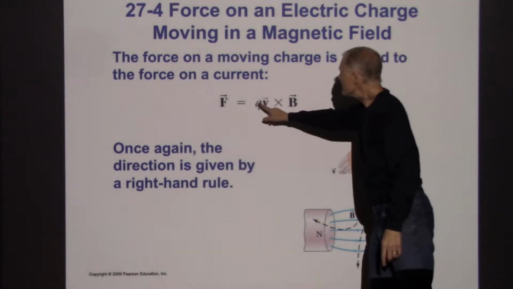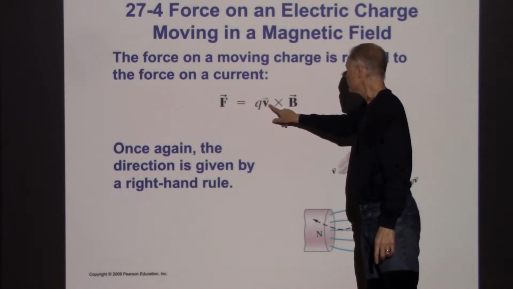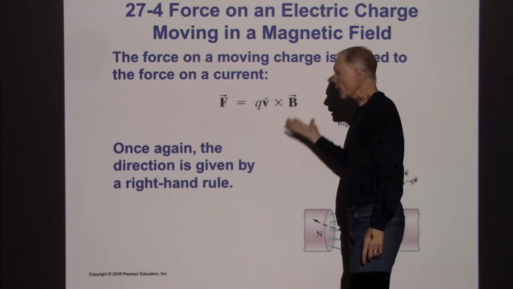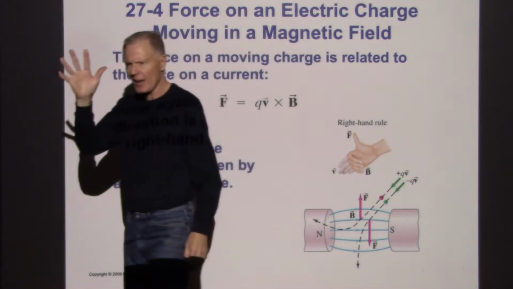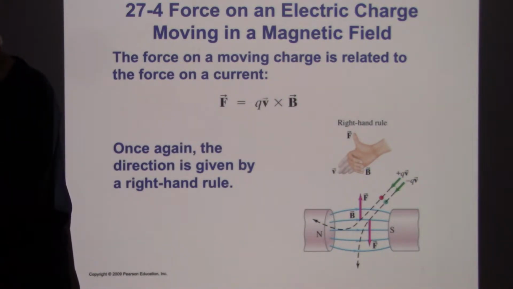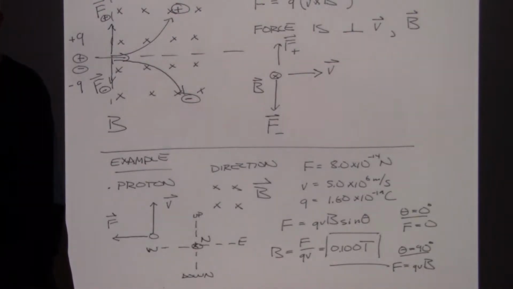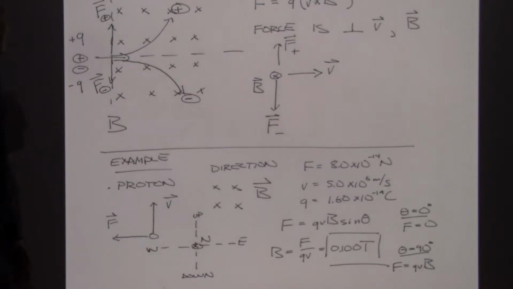Now, if Q is negative, then the force is opposite to V cross B. Another way I could do that is instead of using a right-hand rule, use a left-hand rule for electrons. I was always told never, never, never introduce any left-hand rules because it will just confuse you, but I think it works.